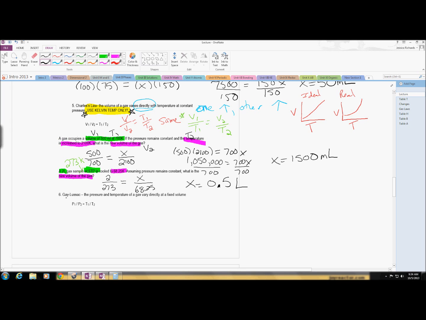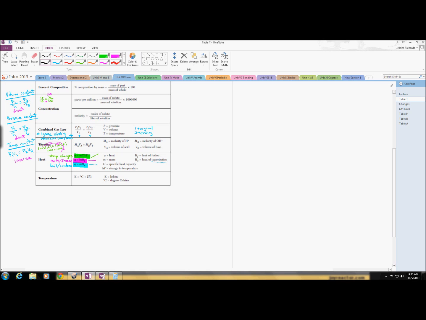And the last one is Gay-Lussac's law, pressure and temperature. Also, if you look at its equation, P1 over P2 equals T1 over T2, that is a direct relationship. Also, if you look at table T, and we just ignore volume this time, since volume's constant, it looks like the same equation as Charles's law, so also a direct relationship.